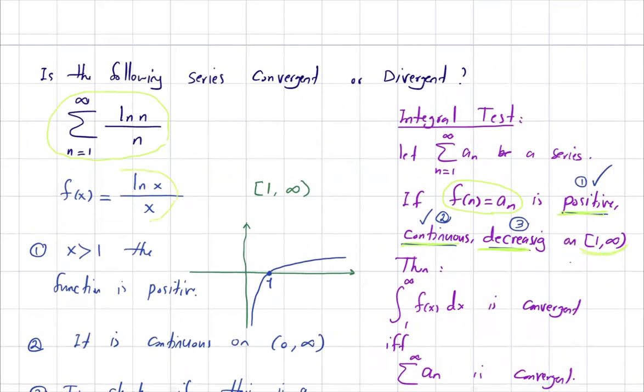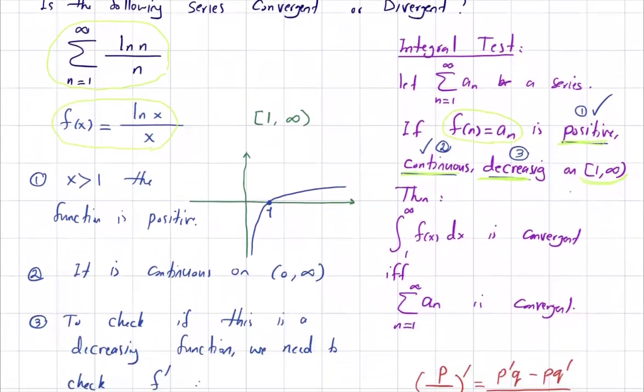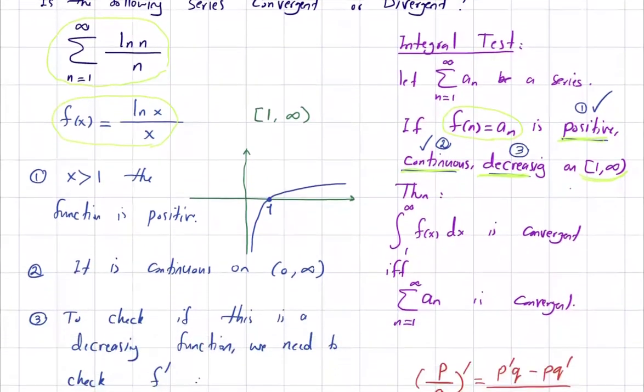This is my function, ln of x divided by x. If I check the graph, it approximately behaves like this, and it continues to the right-hand side. Obviously, the function is positive on 1 to infinity.